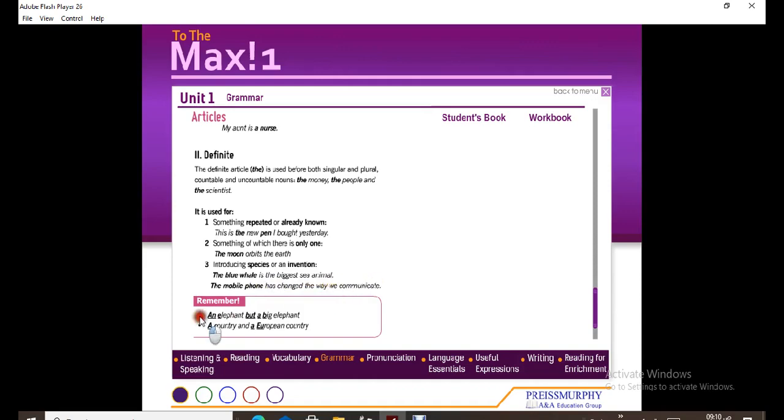Okay, now remember, an elephant. We put an here because this is a noun, and the first letter is E, which is a vowel. But be careful. Before the elephant there is an adjective, and it starts with B, which is a consonant, يعني بيبدأ بحرف not a vowel.